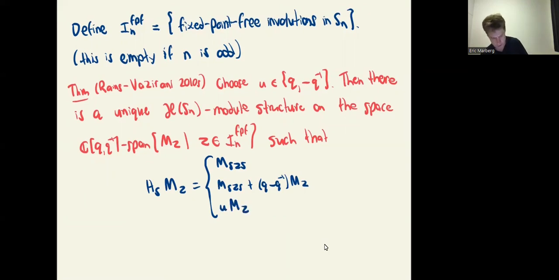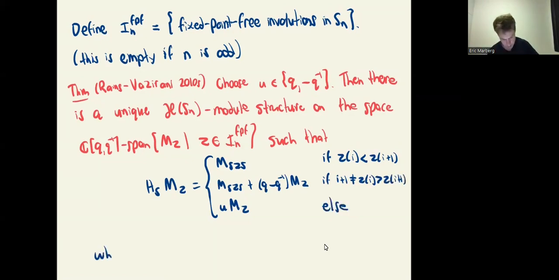And here the conditions are something like: if Z(i) is less than Z(i+1), or if i+1 is not equal to Z(i), which is greater than Z(i+1), or else, where we're assuming that s is equal to s_i in Sn, and Z is in I_n^FPF.